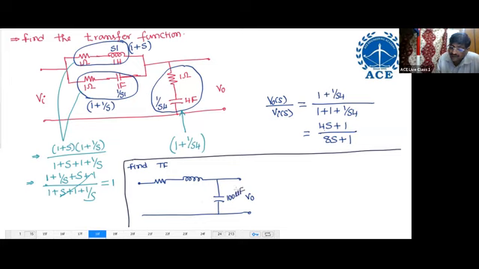100 microfarad, 10 millihenry, 10 kilo ohms. Come on, tell the answer.